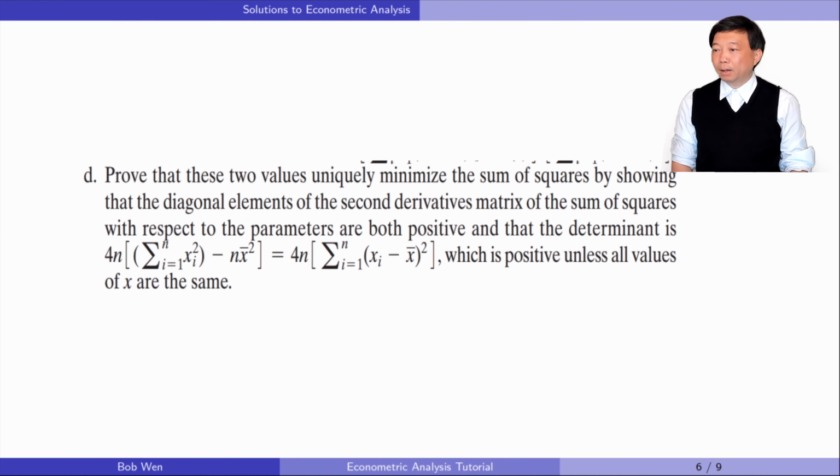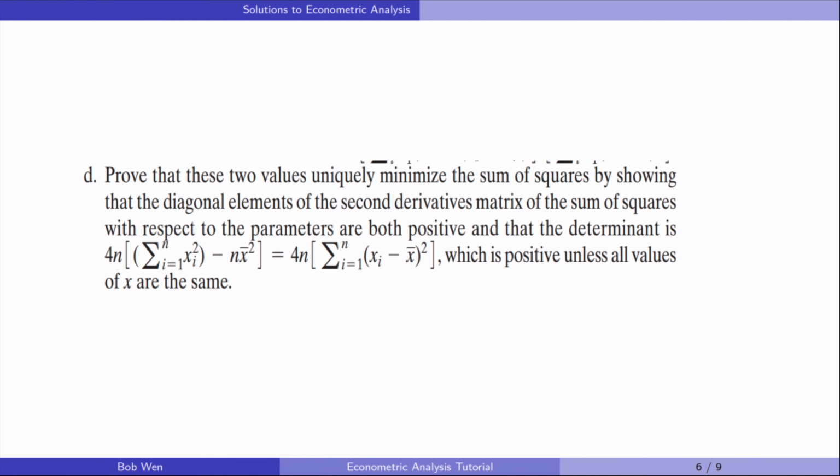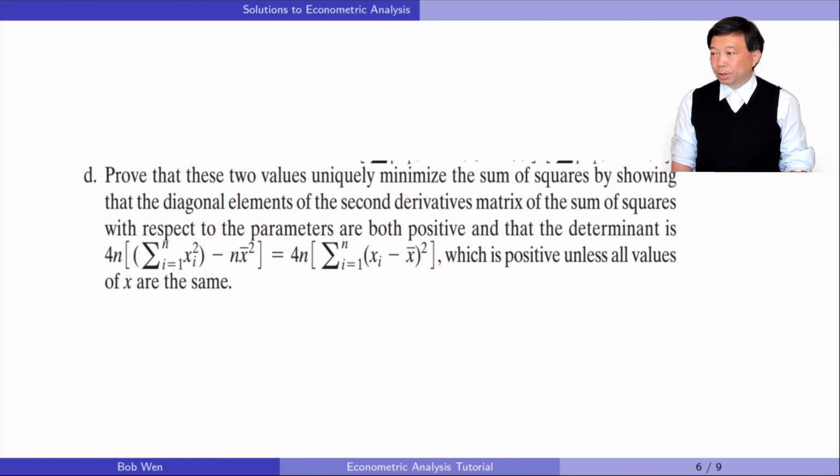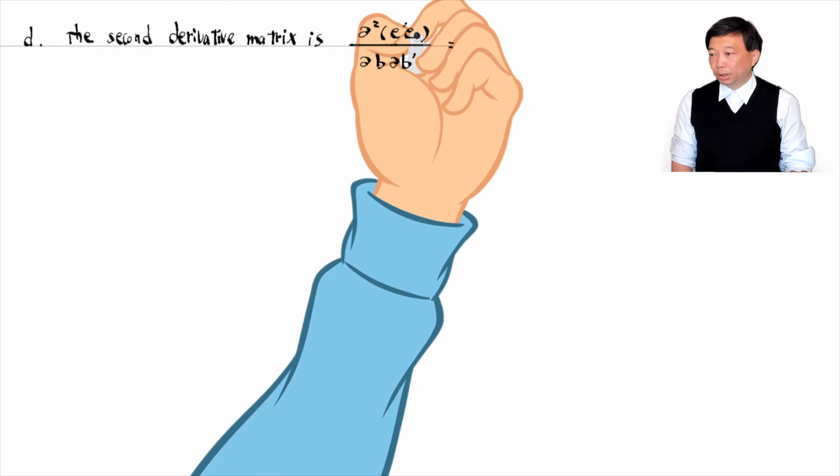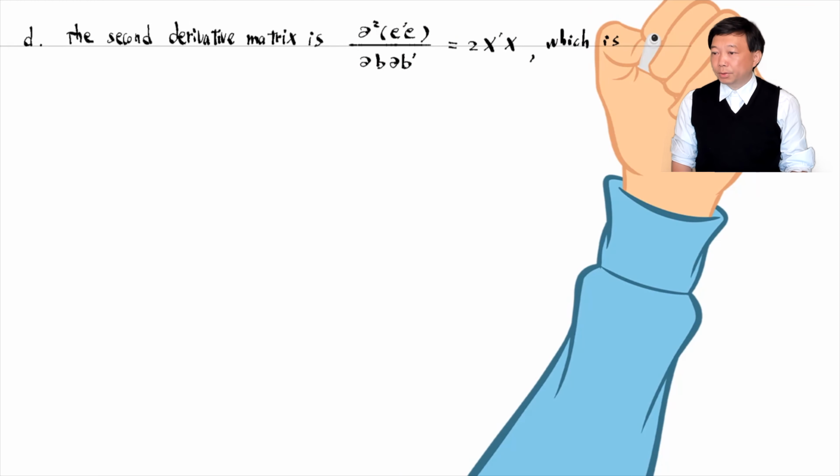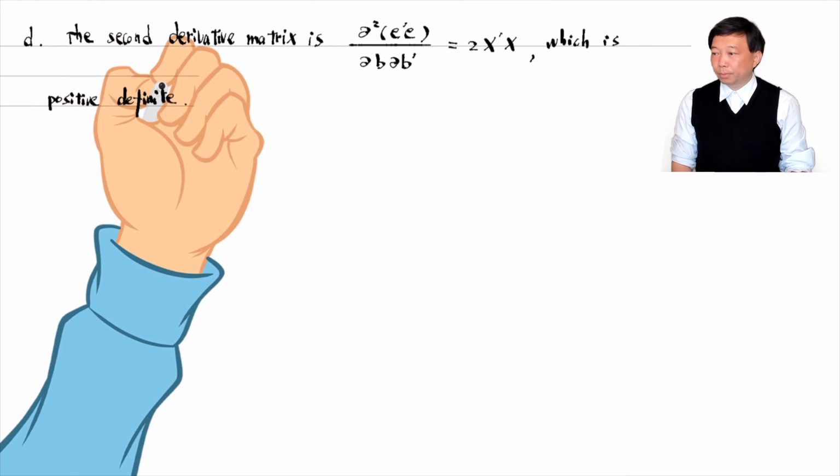Let's turn to part D. The second derivative matrix must be positive definite for the solution to minimize the sum of squared residuals.